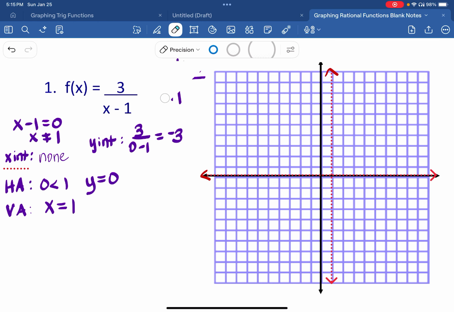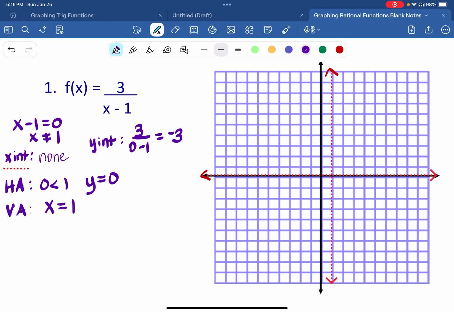So when we go to graph this, we're wondering, is the graph going to be like this? Or is it going to do like this? Some graphs will even do like this, depending on the function. So what I want to do is just graph what we know so far.